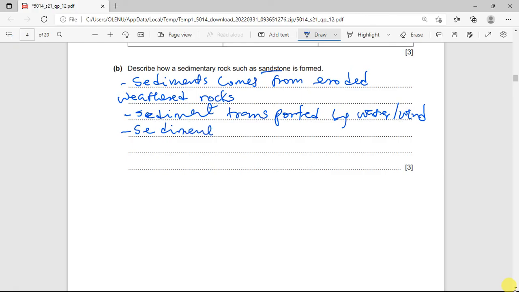Then the sediment will be deposited in layers.